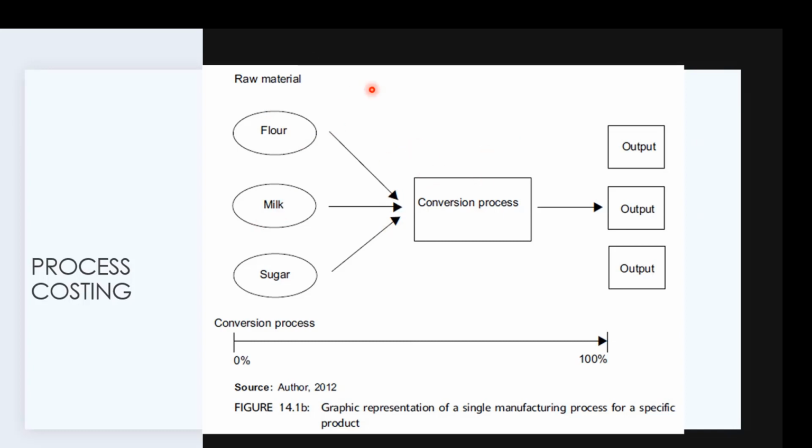Because conversion is labor plus overhead. And part of your overhead would be using your oven and your electricity. And at the end of the day, you've got cookies or cake or scones, something like that. So that's your single process to produce one of those products.